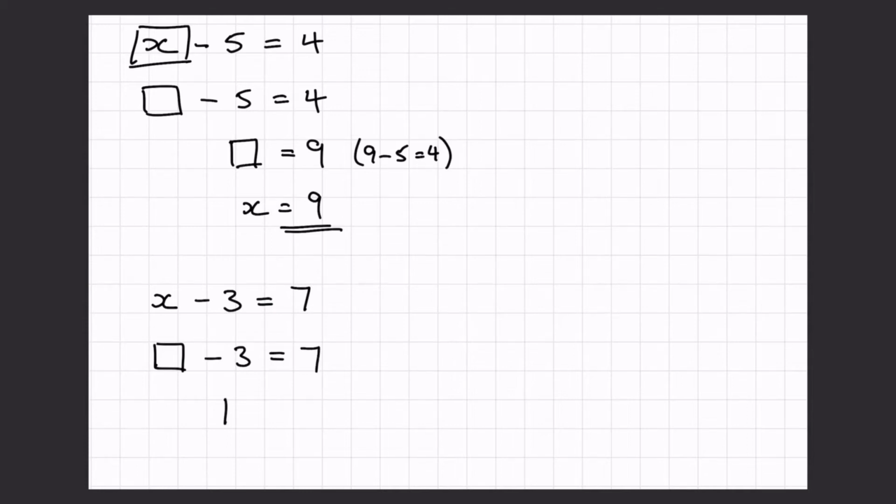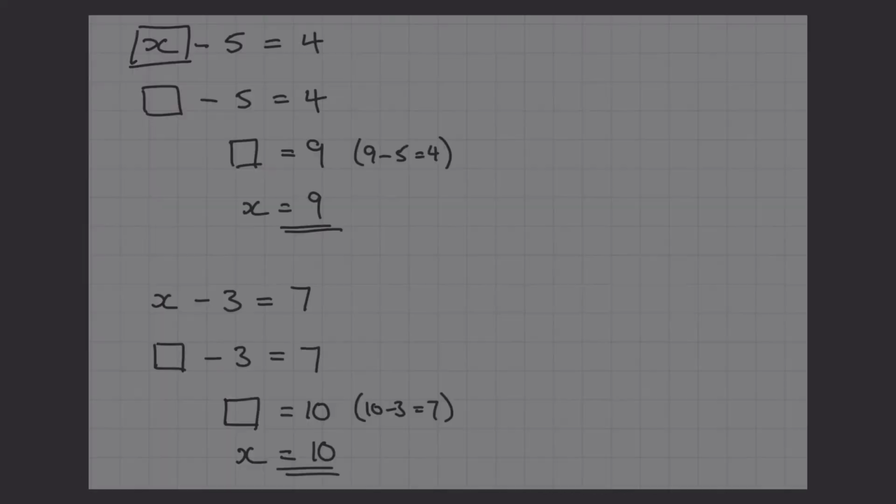Well, that something must be 10, because 10 subtract 3 is equal to 7. So x is equal to 10. Our solution to x subtract 3 is equal to 7 is x is equal to 10.